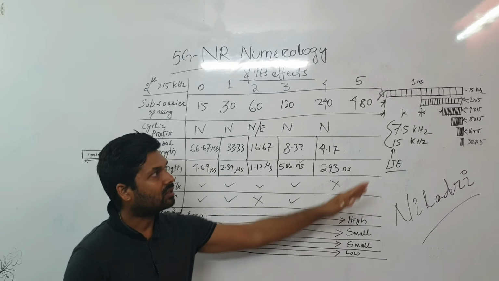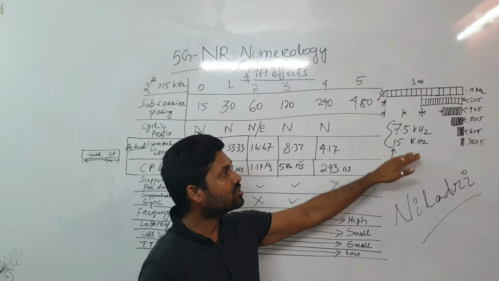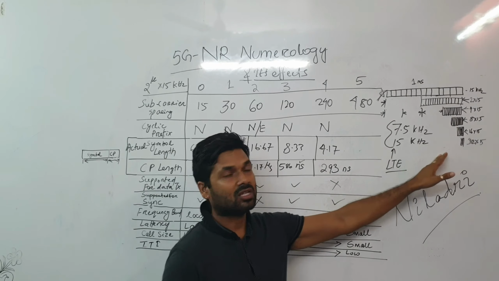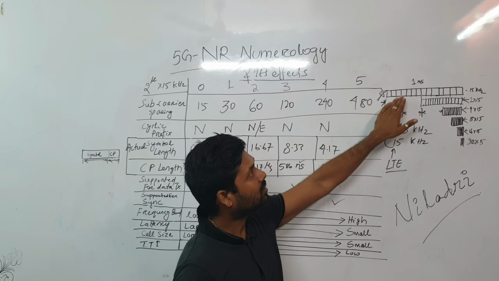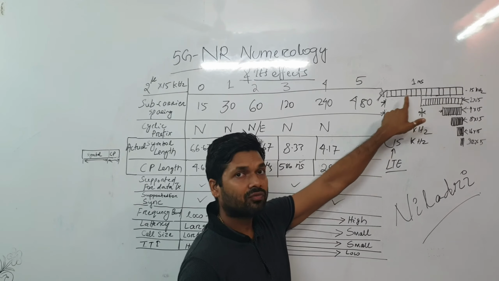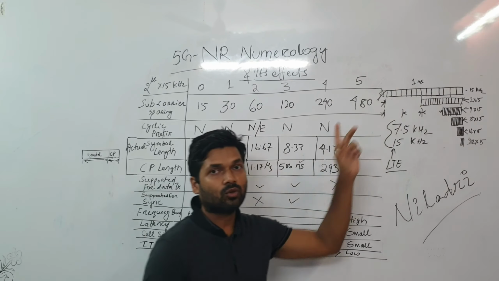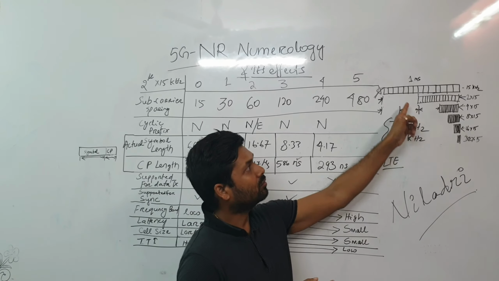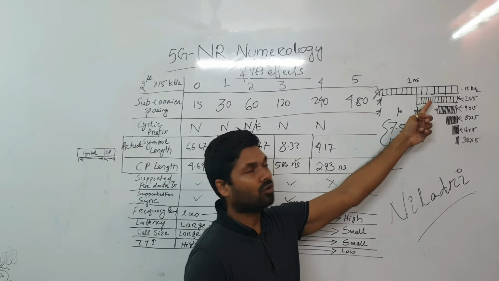Okay, and there is a structure wherein we discussed different numerologies and how many symbols we can transmit. So if I start from here, for 15 kilohertz, the first numerology, in 1 millisecond we transmit only 14 symbols. For the second numerology, we transmit 2 into 14, 2 blocks of 14 symbols.